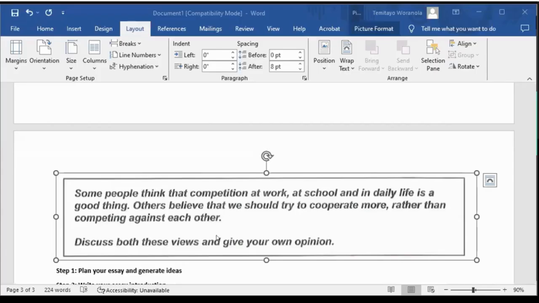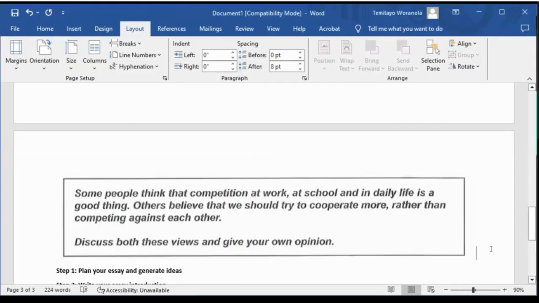Whenever you're writing a discussion essay, before you start writing, the first thing to do is to decide on what your position will be. What is your view? What is your opinion?